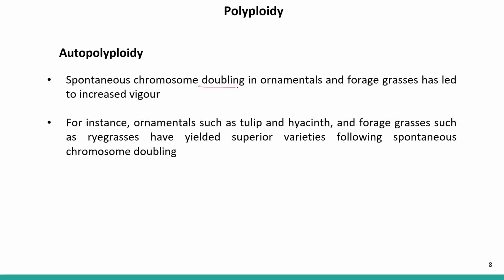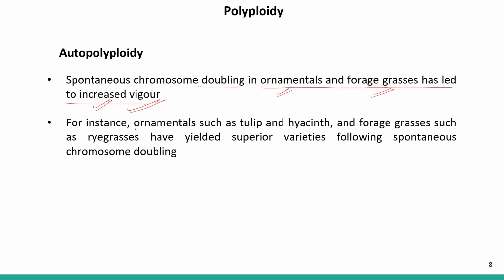Spontaneous chromosome doubling in ornamental and forage grasses has led to increased vigor. Some examples undergo spontaneous chromosome doubling, like some ornamental plants and forage grasses, which have increased vigor, so they are favored by the environment.